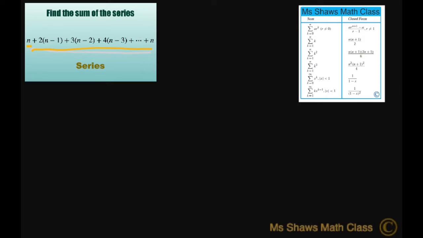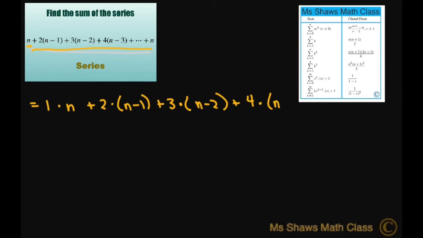If I look at the first term, I can write this as 1 times n, plus 2 times (n minus 1), plus 3 times (n minus 2), plus 4 times (n minus 3), plus dot dot dot, plus n times 1.